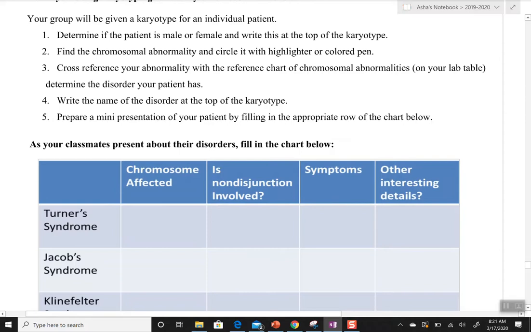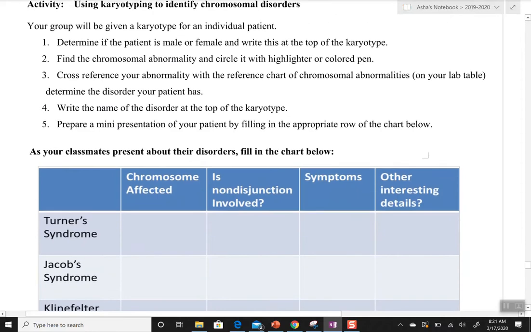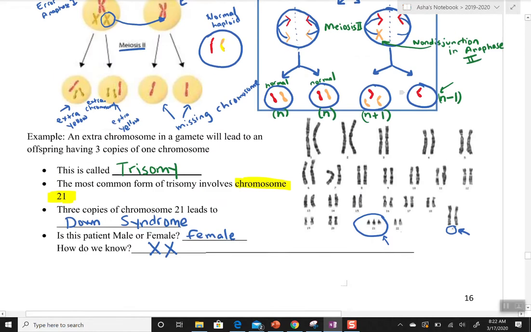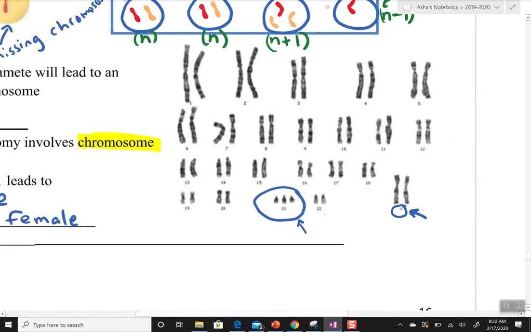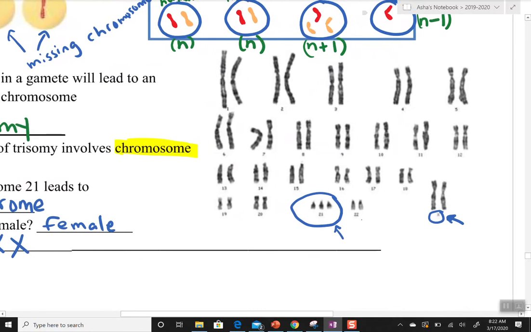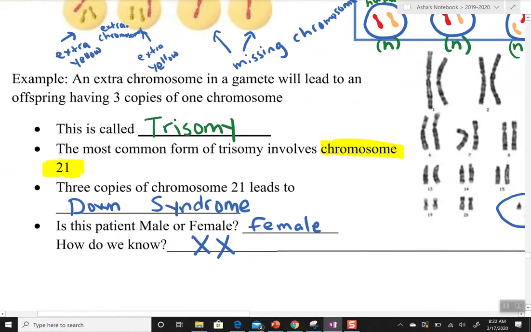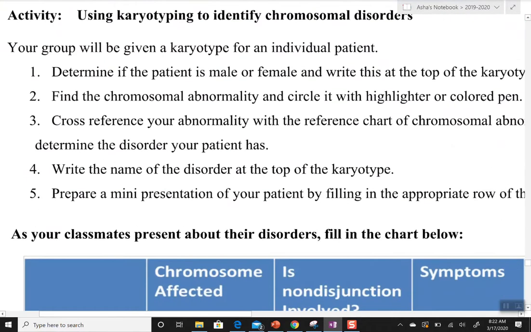Well, obviously you guys aren't doing that, but we will talk about different types of non-disjunction disorders. So here we spoke about trisomy 21. Getting an extra chromosome in trisomy, in chromosome number 21, having 3 copies of the 21st one, will lead to Down syndrome, whether you are male or female.